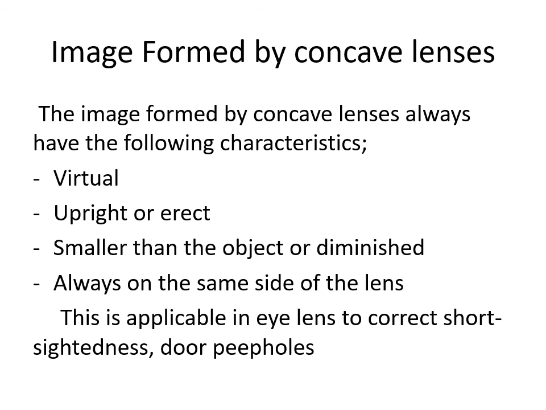The image is always on the same side of the lens. This is applicable in eye lenses to correct short-sightedness, and also in door peepholes. These are the general characteristics of images formed by a concave lens.